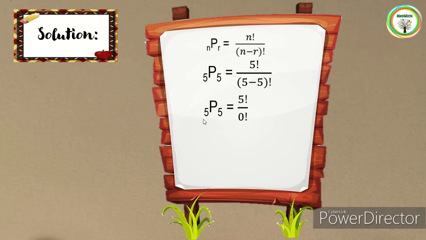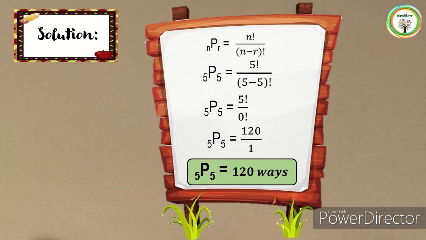Then permutation of 5 taken 5 is equal to 5 factorial divided by 0 factorial. Permutation of 5 taken 5 is equal to the value of 5 factorial, which is 120, divided by 1, which is the value of 0 factorial. Therefore, we have permutation of 5 taken 5 is equal to 120 ways.